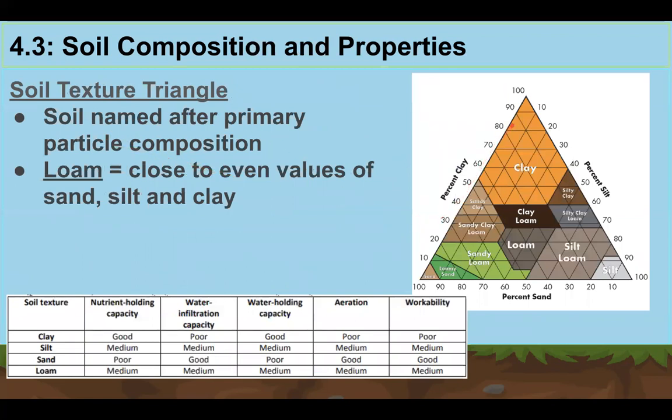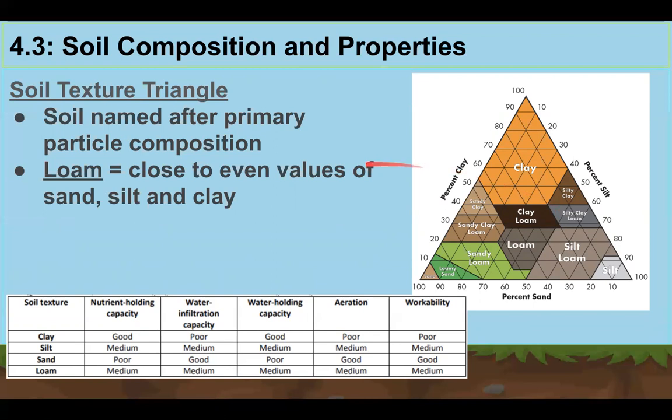Okay, so this is our soil texture triangle, and you're going to need to be able to read this. What we are looking at here is the percentage of clay, silt, and sand. Any point on this graph is going to have a certain amount of each of these particles.